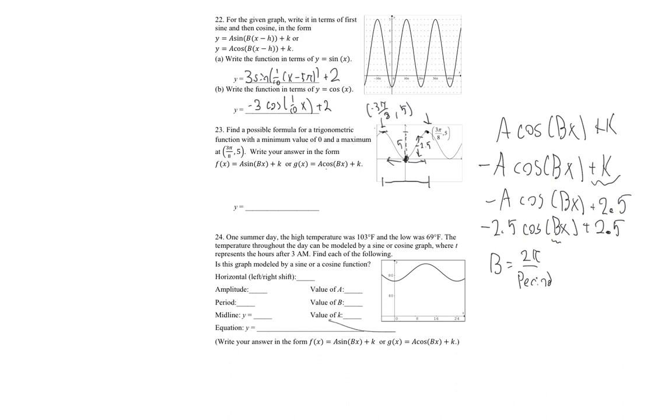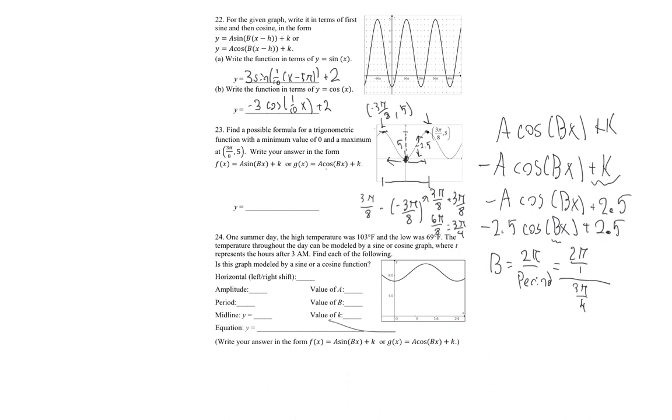So to figure that out, I'll do 3 pi over 8, and I'll subtract -3 pi over 8, which is going to become 3 pi over 8 plus 3 pi over 8, which will get me 6 pi over 8, which I can reduce to 3 pi over 4. So that means my b value is going to be 2 pi, and I'll put a little divided by 1, because that's the same thing as 2 pi over 3 pi over 4.